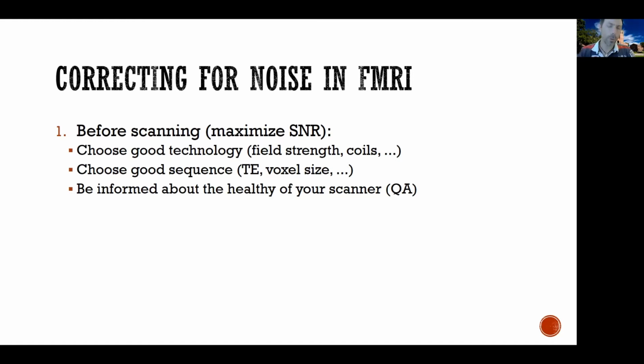And of course, you also want to know that the scanner is fine and doesn't have any issues, because that too can be an important source of noise that you might be unable to fix. So the first way in which we address noise is simply to set ourselves up for success by ensuring that we make the right choices beforehand.